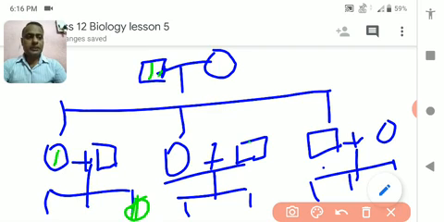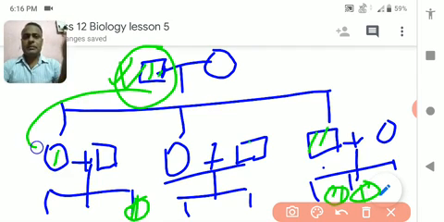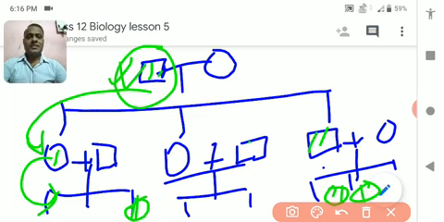Suppose this boy is affected by the same disorder, and the boy gave two daughters, and both daughters have the same disorder. So you can see any kind of genetic information can easily be studied by the family tree.